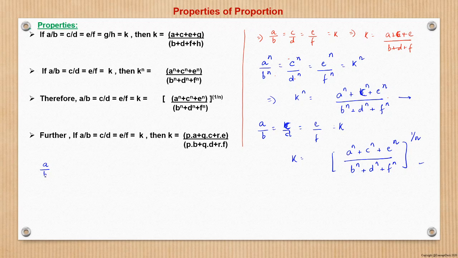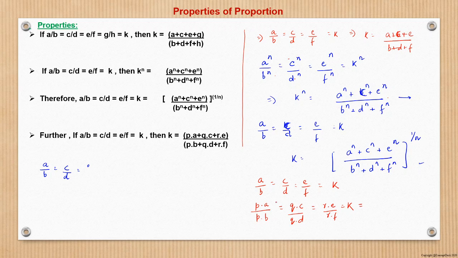if a by b is equal to c by d is equal to e by f is equal to k, so if I write a by b as p times a upon p times b, is equal to q times c upon q times d, there's actually no difference, because q will get cancelled out, p will get cancelled out from both numerator and denominator. Similarly, r times e upon r times f, I can write this as nothing but k here, because everything will be k.